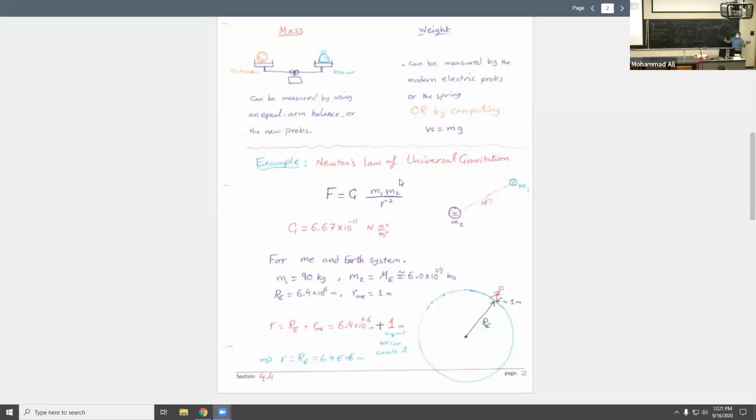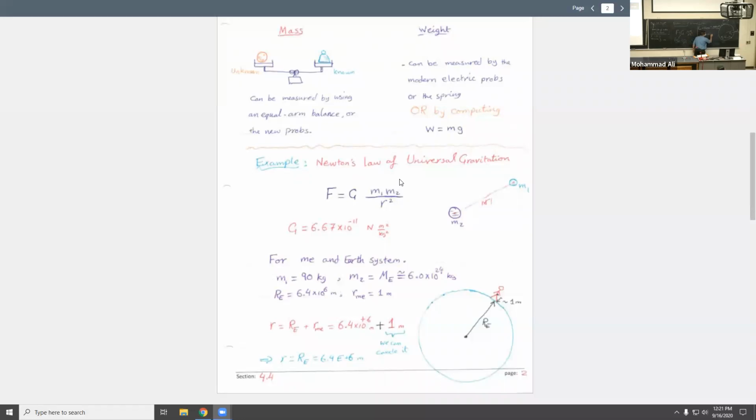The radius, as we learned before, is the distance between my center of mass and the Earth's center of mass. The Earth's radius RE is equal to 6.4 multiplied by 10 to 6.